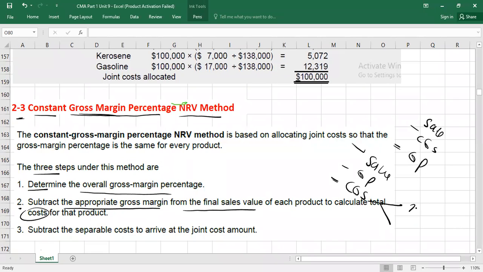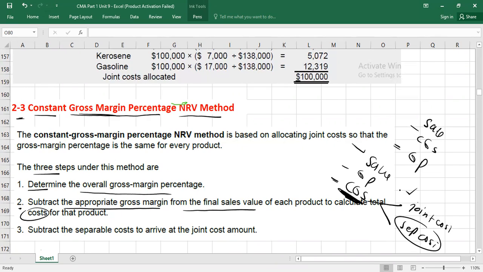It will include joint cost also, and it will include separable cost. You remember separable cost I told you, which you will incur after processing further, at the time of processing further. But assume if I know the total cost, and from total cost I deduct separable cost, automatically I will reach to the joint cost.